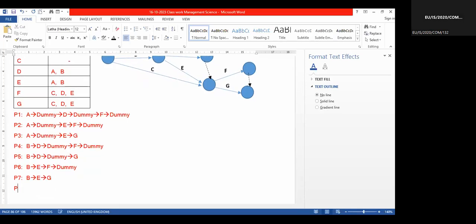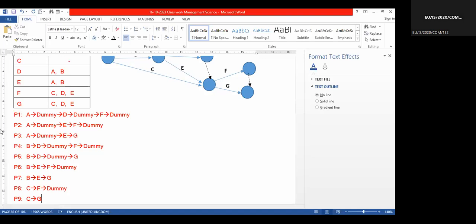Part 8, C, F, dummy, C, F, dummy, then part 9, C and G.